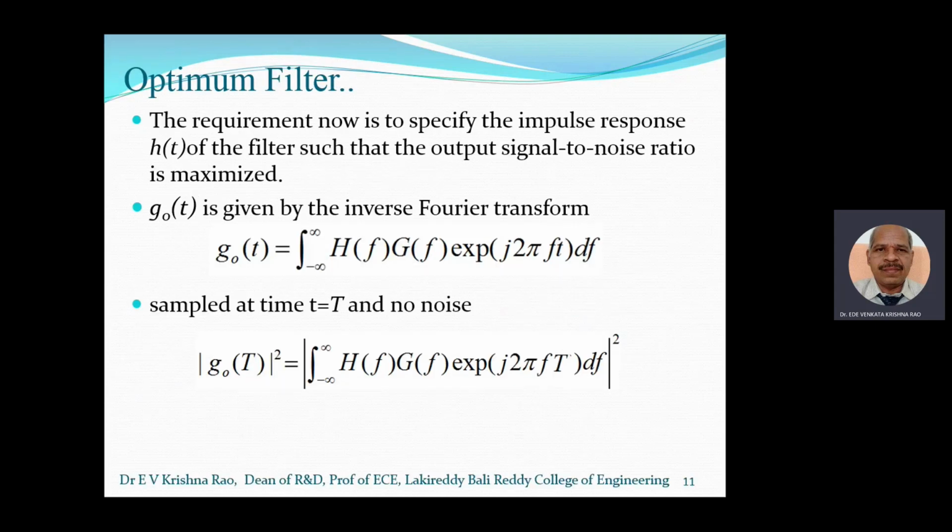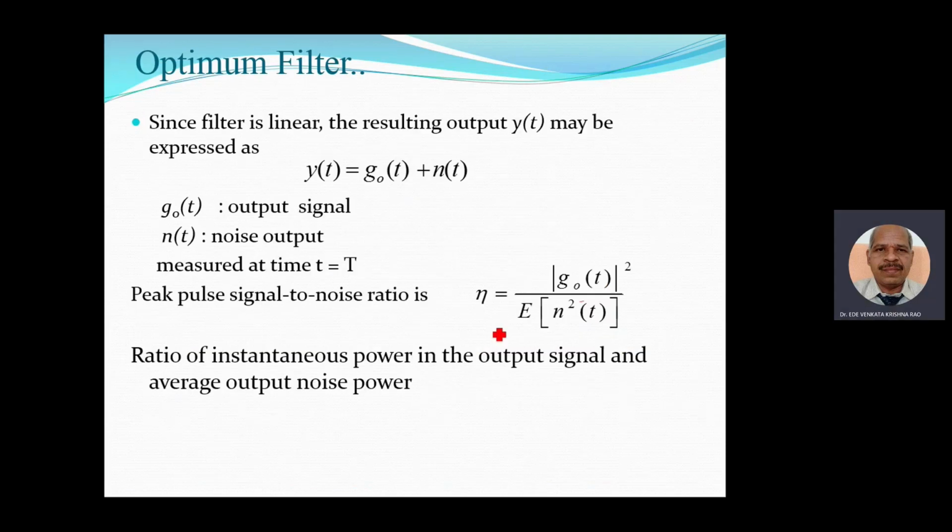The output is maximized such that we can estimate it from the magnitude squared of g naught of T divided by the mean square of the noise, which is the noise power.